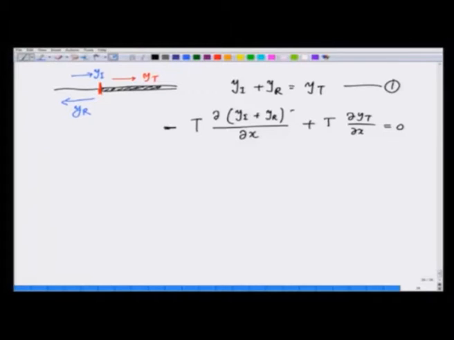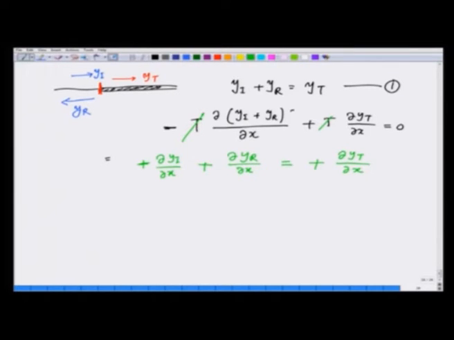Let us convert them into the time equation. So, I can drop T because this is 0 on the right hand side. I am going to have dy_I over dx with a minus sign, minus partial y_r over partial x, is equal to minus partial y transmitted over partial x. All this can be made to be plus.